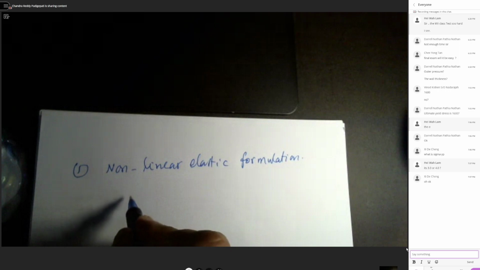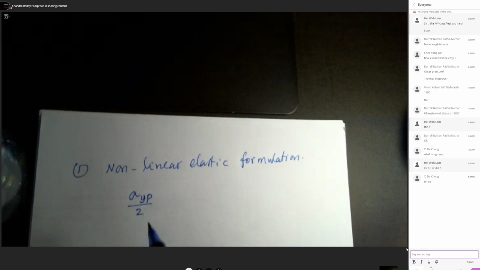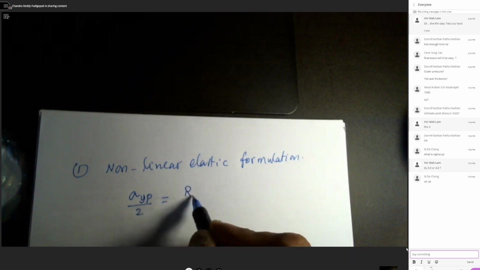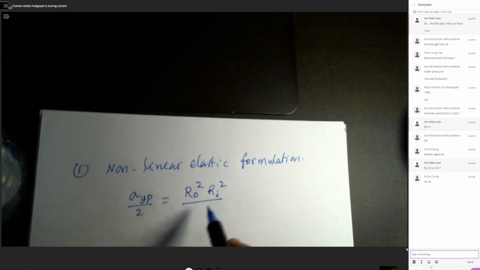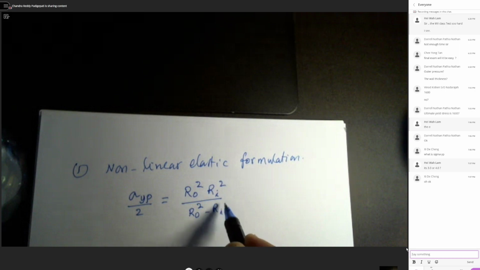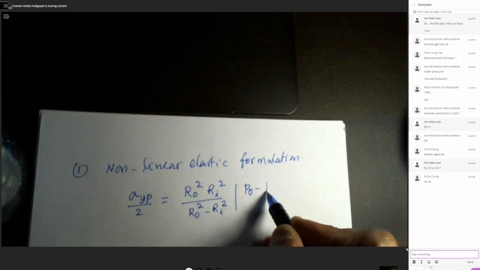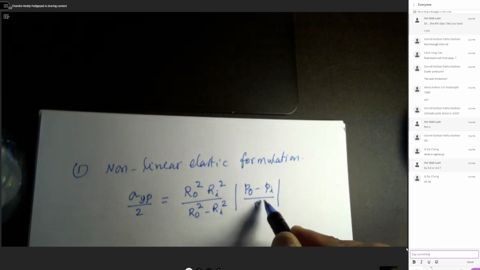Under this, the maximum shear stress is half of the plastic yield stress. The formula for this is Ro square Ri square over Ro square minus Ri square, magnitude only, times P0 minus Pi over r square.